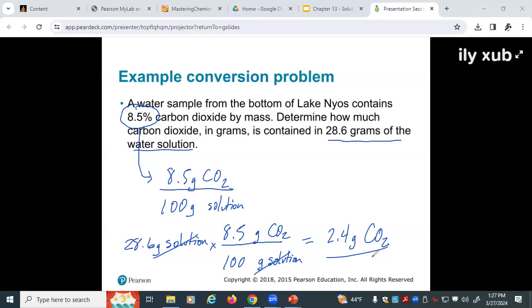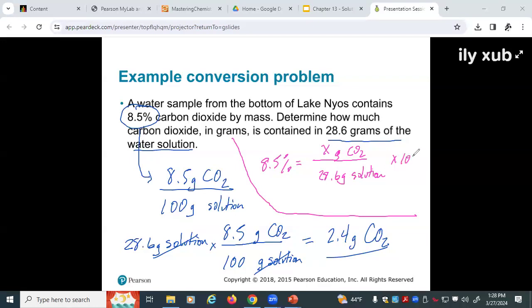So that would be one way to solve this problem. Now, another way that you could go about this is, since we have the equation for percentage, you could set up an equation and solve for X using algebra.